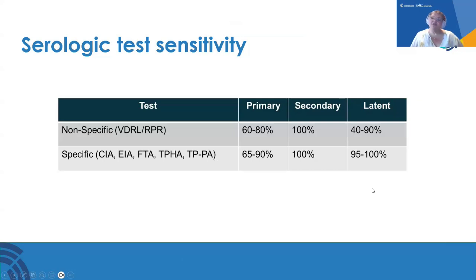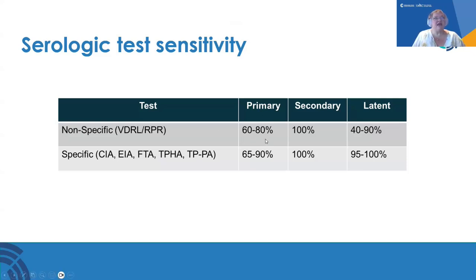Y'all have probably all heard the saying, if it looks like a duck, it probably is a duck. Well, that is very true in primary syphilis. If you see something that looks like a chancre, it may still be syphilis, but the test could just not be reactive yet.